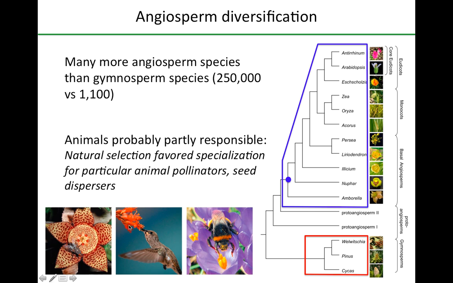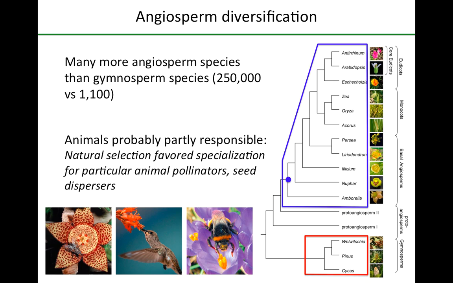We have red tube-like flowers that are pollinated by hummingbirds, and very different kinds of flowers that are pollinated by bees. And you can see different things for butterflies even. So the idea is that each of these different groups of animals has selected very specific traits in flowers, which has driven differences between groups.